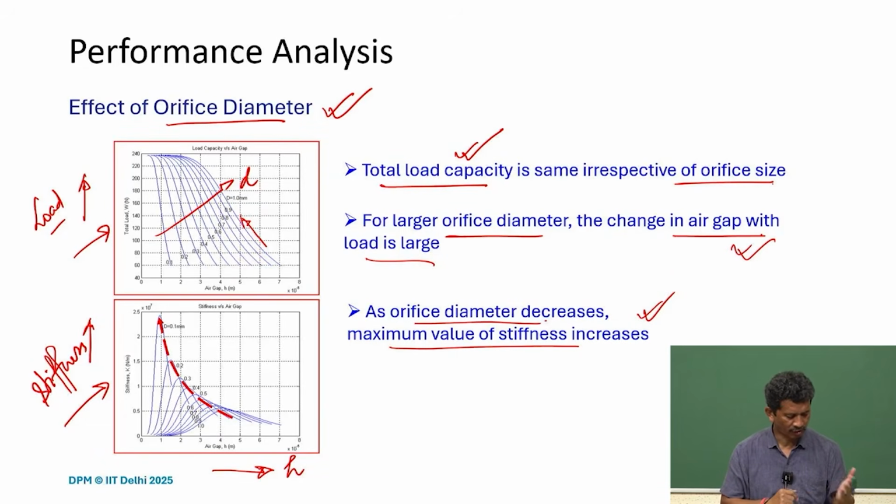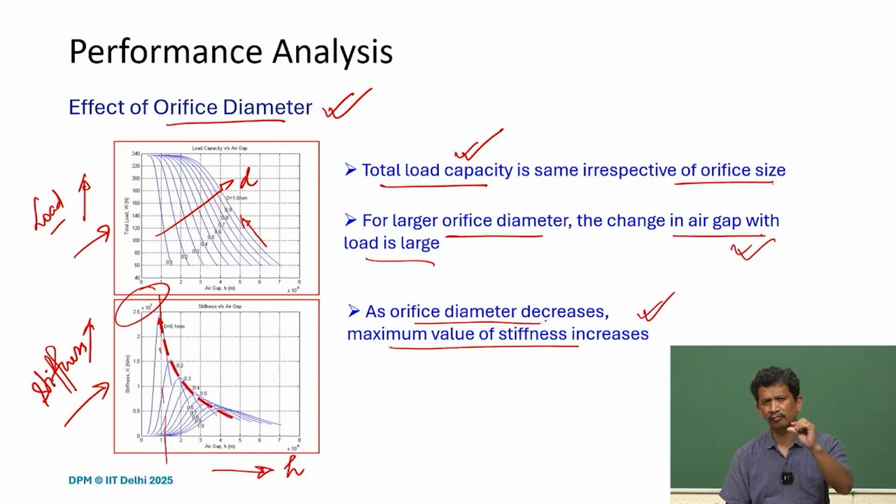And we can also understand the order of stiffness. You can see it's very high, 10 to the power 7 Newton per meter. So one can imagine the stiffness of these air bearings, but correspondingly, if you look at the air gaps, that's also very small, of the order of tens of micron.